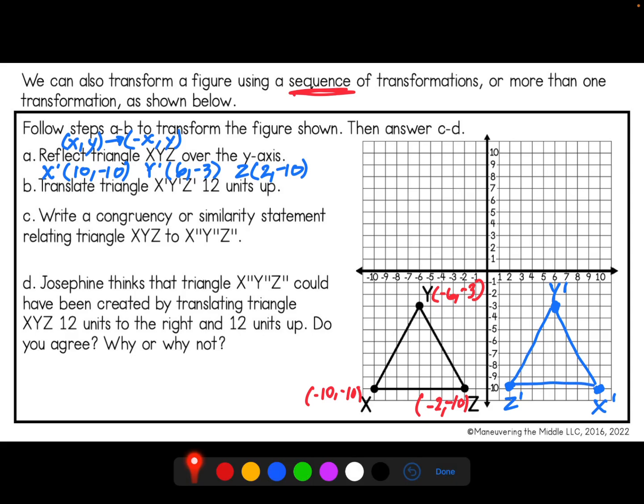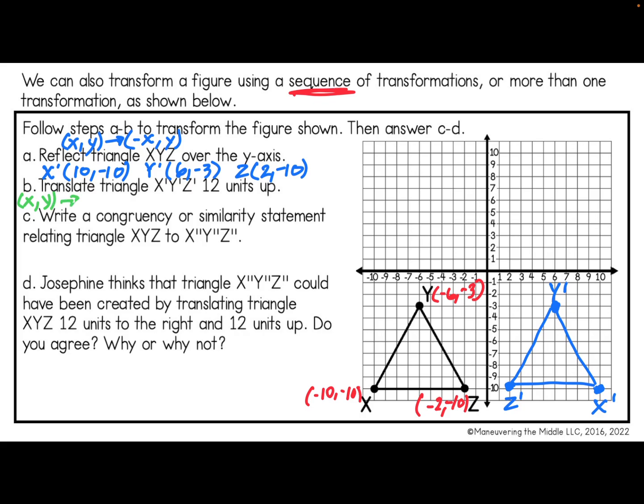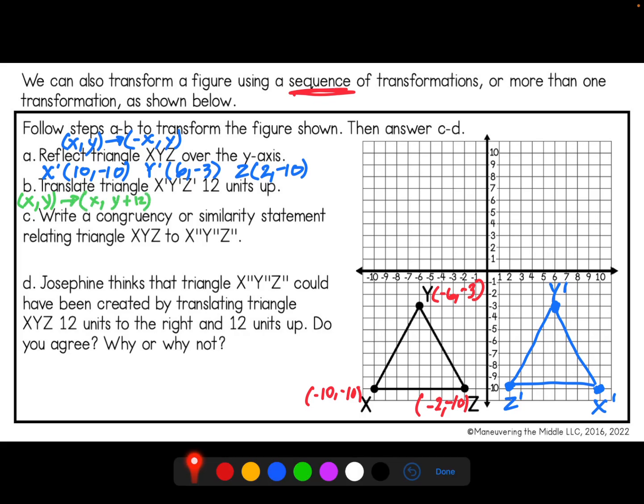Now we're going to use that image as a pre-image and translate it up 12 units. And so the rule for that is to simply add 12 to the y-coordinate.